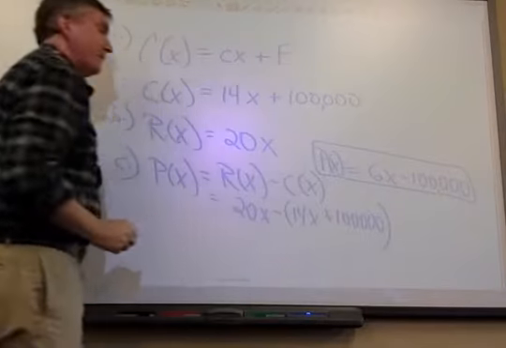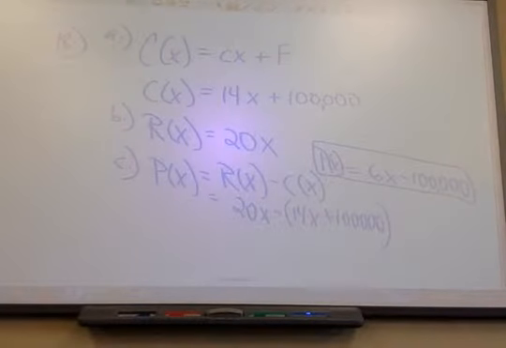So, cost, revenue, and profit. Then in part D, I won't make you do both parts, but it says compute the profit or loss corresponding to production levels of 12,000 and 20,000 units. Well, just try 12,000. For part D, what is the cost for 12,000 units?